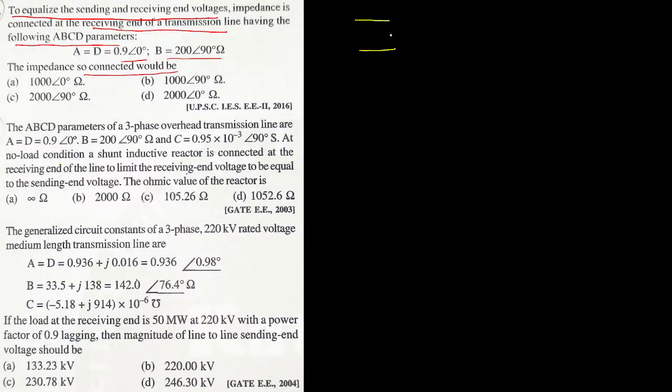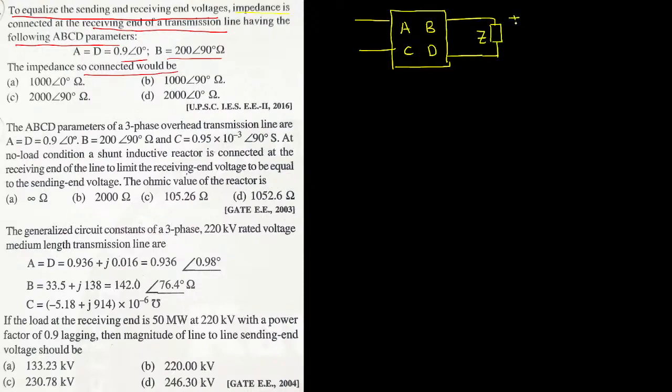Let us take the transmission line, already implemented and designed with ABCD parameters. Now, the impedance is connected at the receiving end of the transmission line. This is the receiving end. Here we are going to connect one impedance. Let us take the impedance value as Z.